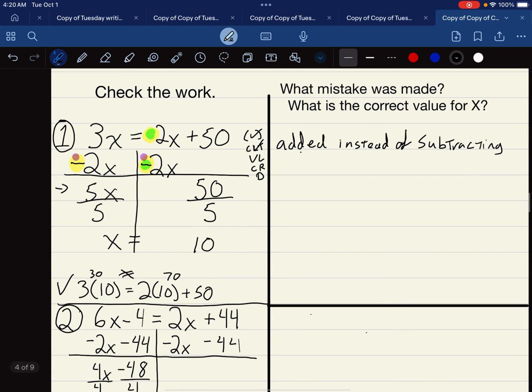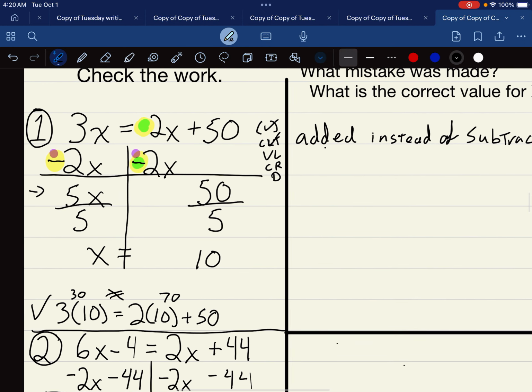All right. And then we can just start. 3 minus 2 gives me an 1x. And then 2 minus 2 is 0. And then I bring down my 50. Okay. I can divide out the positive 1 that's in front of my x. And I get x equals 50.